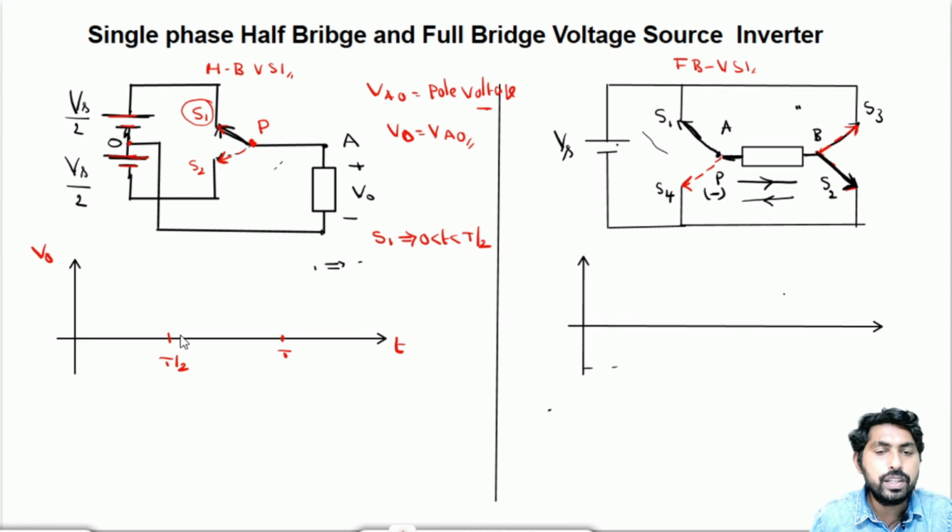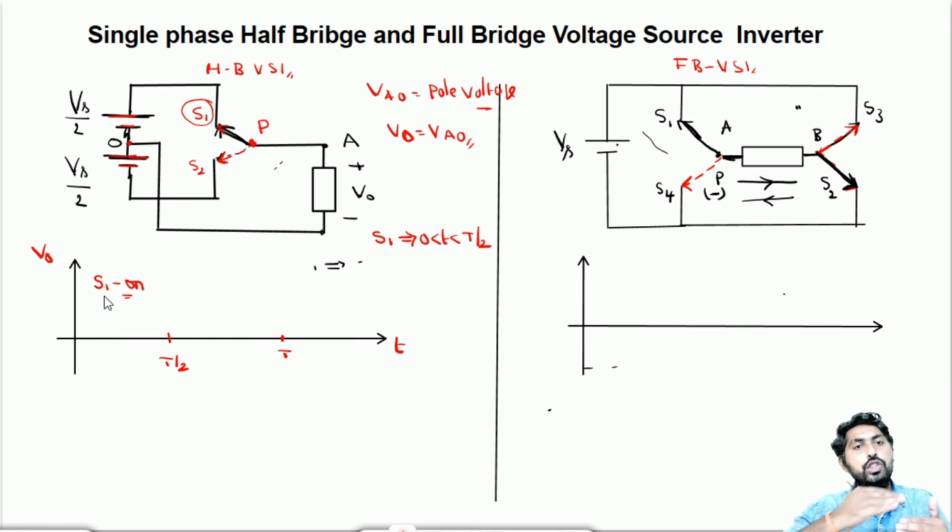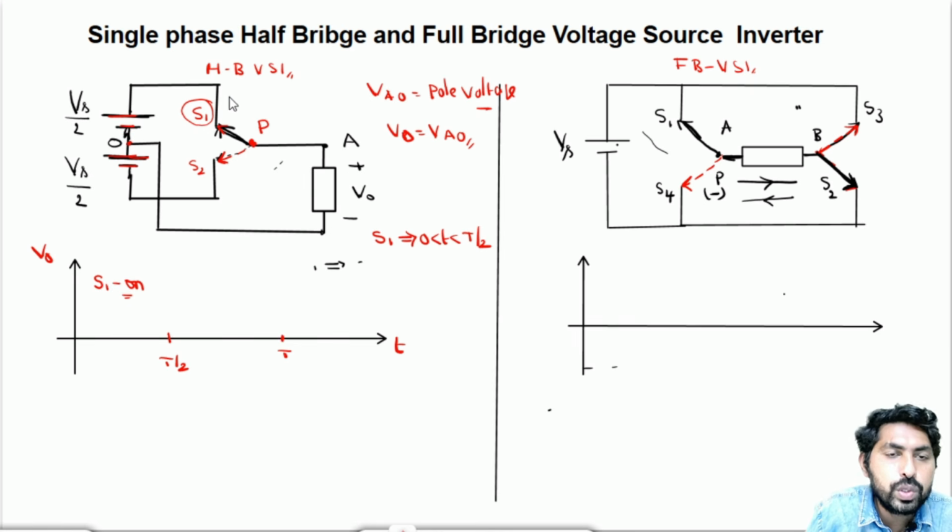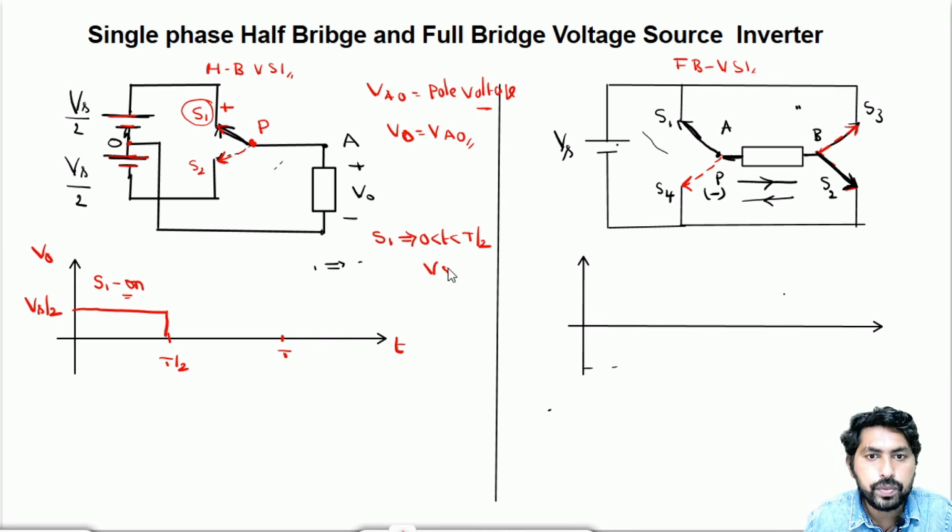So from 0 to T by 2, S1 is in on condition. The positive of the Vs by 2 is connected to the S1 terminal, and O is connected to the negative. So VAO will become Vs by 2.